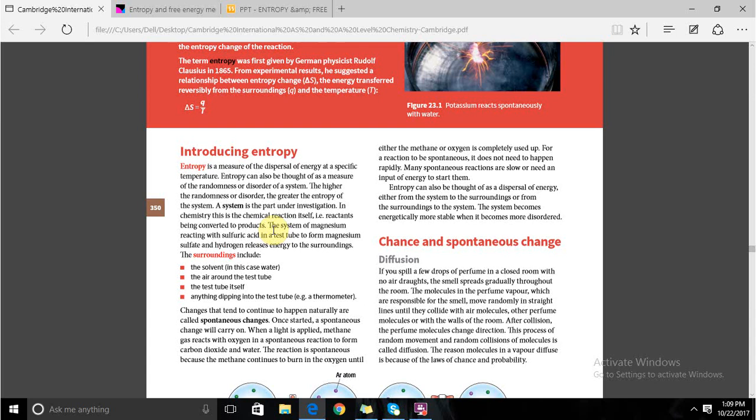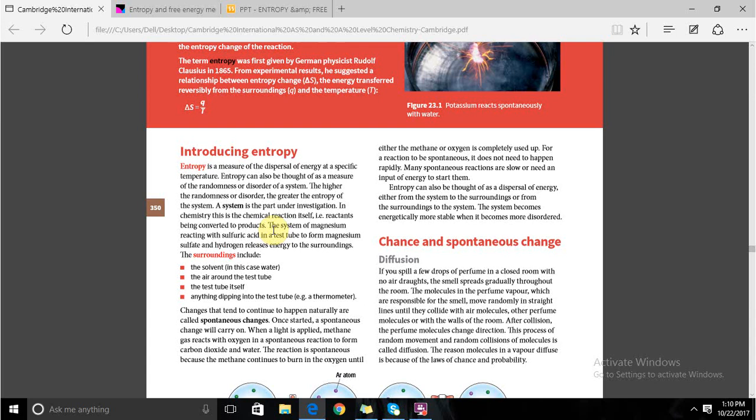For example, if we were to consider the reaction of methane with oxygen to form CO2 and H2O, the reaction is spontaneous. Why? Because when the reaction has begun, it will continue until either all of the CH4 has been used up or all of the O2 has been used up.